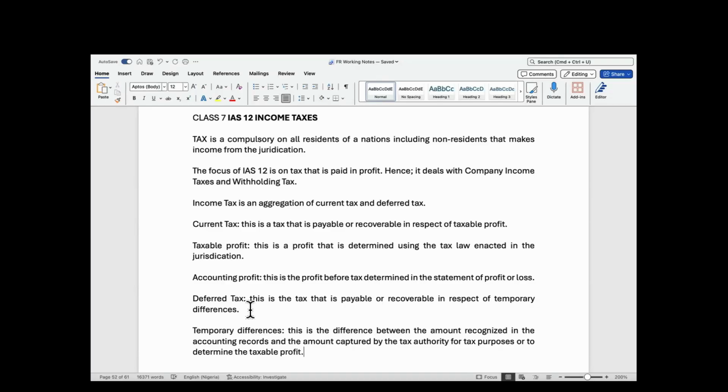So usually we'll find that it is not all items in our accounting records, not all our expenses and income, that the tax authority will capture when it's determining its taxable profit.